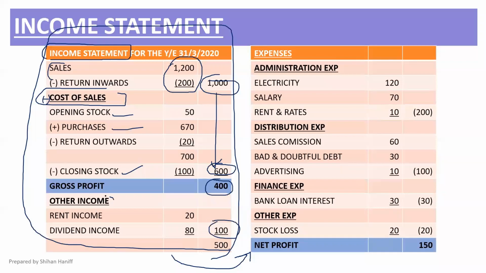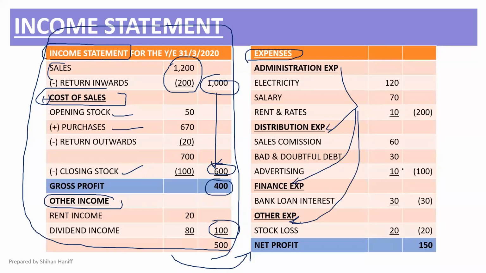Then we add other income and deduct all the expenses. Expenses are divided into 4 types: administration, distribution, finance, other. So once you deduct all these expenses, the final answer will be the net profit. Final answer will be the net profit, right? Then this is income statement.